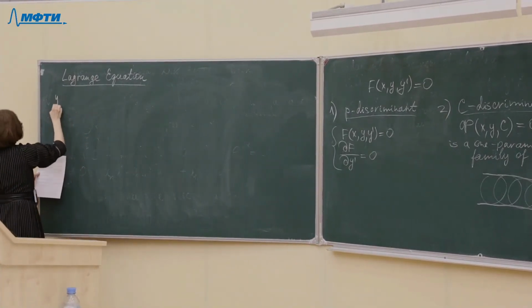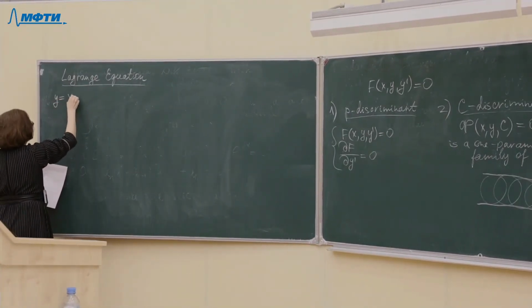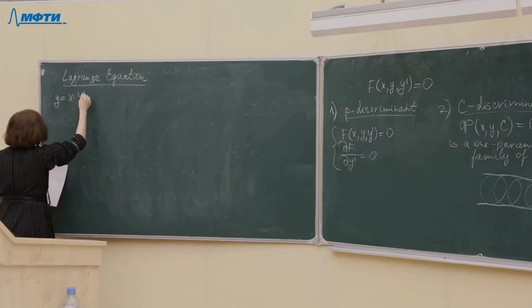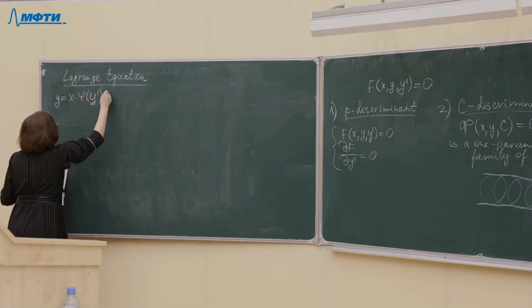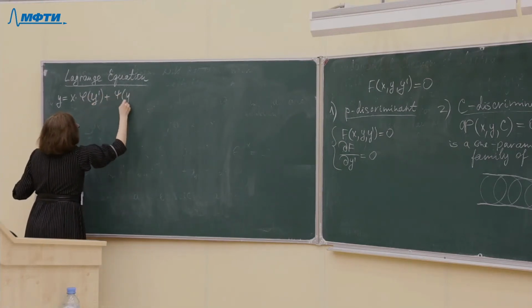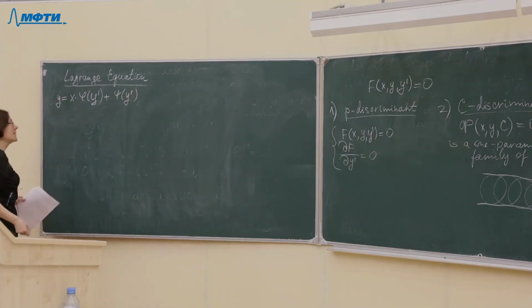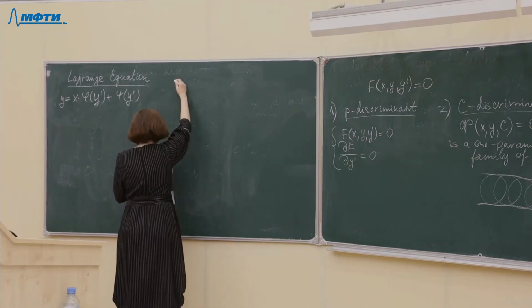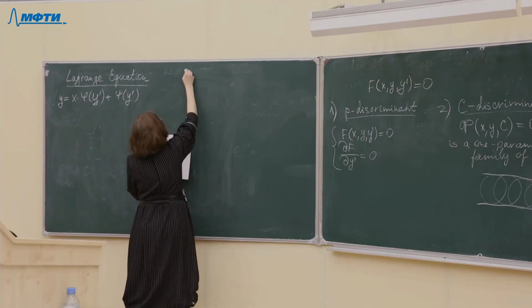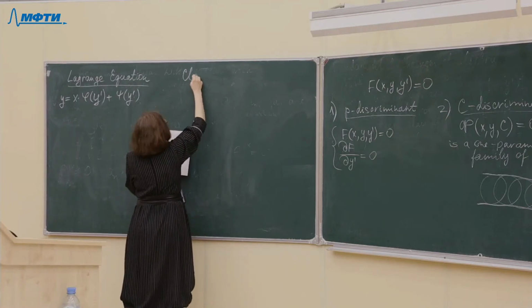It is an equation of the form y equals x times some function phi depending on y prime plus psi depending on y prime. This is a Lagrange equation, and a particular case of the Lagrange equation is a Clairaut equation.